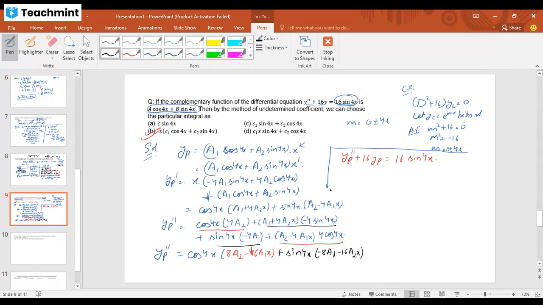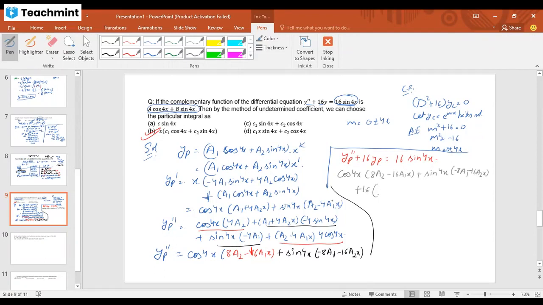Okay, so if we substitute this value, because yp is a particular integral, it must satisfy this equation. So I'm going to substitute this value here. yp double dash is cos 4x into 8a2 minus 16a1x, and sin 4x, its coefficient is minus 8a1 minus 16a2x, and plus 16 times yp.